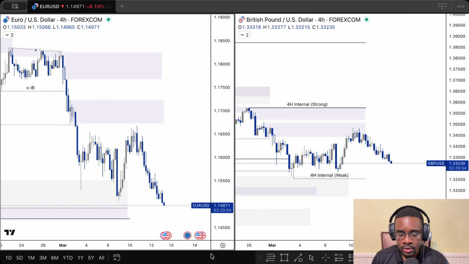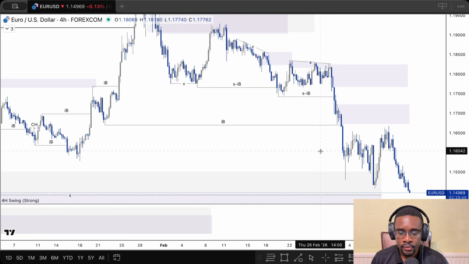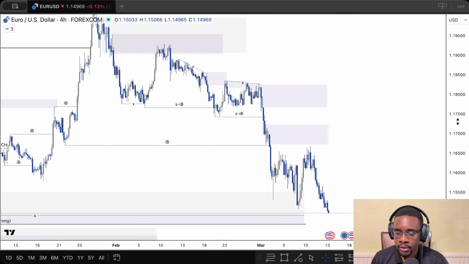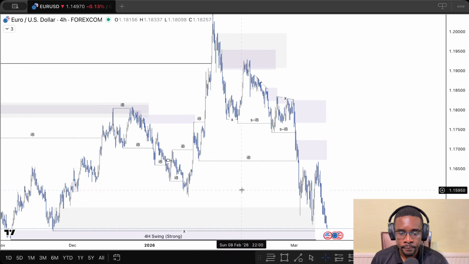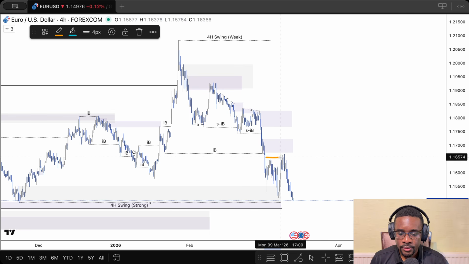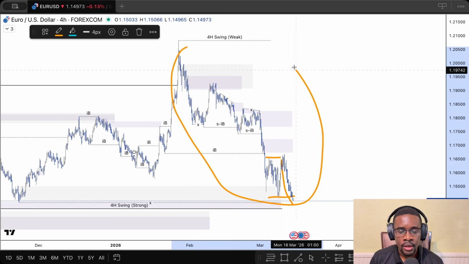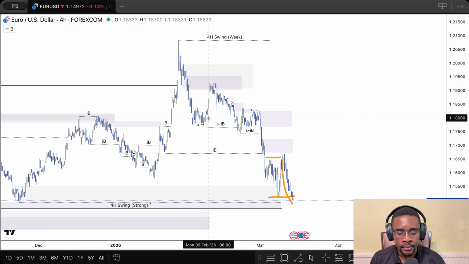So this is on the 4-hour. Looking at the 4-hour, price swept these highs, and then since then just continued making these lower lows, and now it has just broken structure, continuing the down trend, continuing on this internal trend that's been happening.